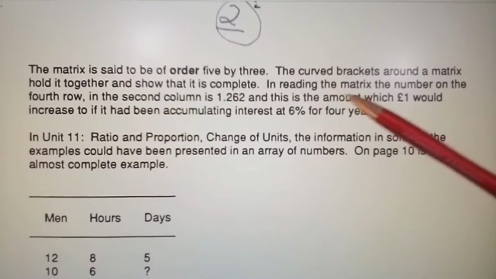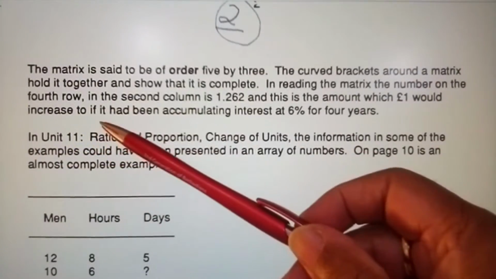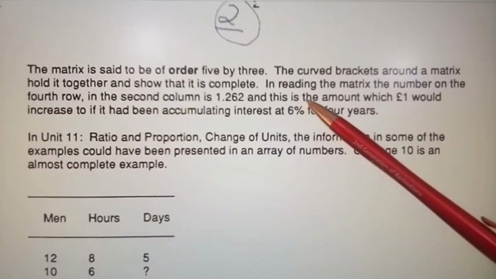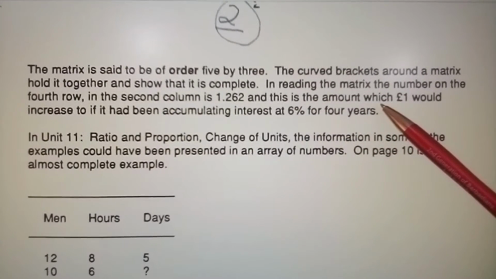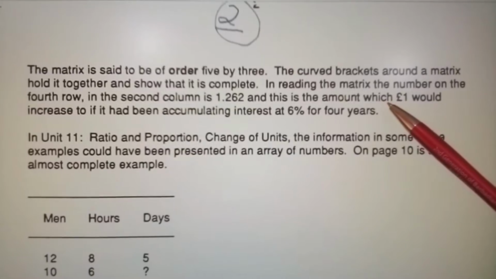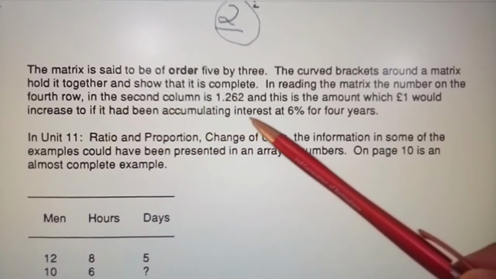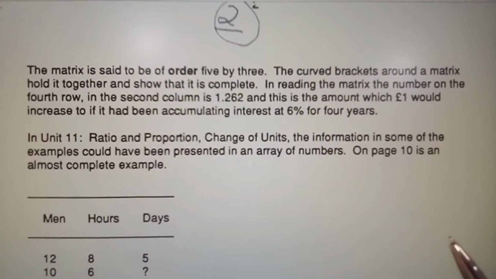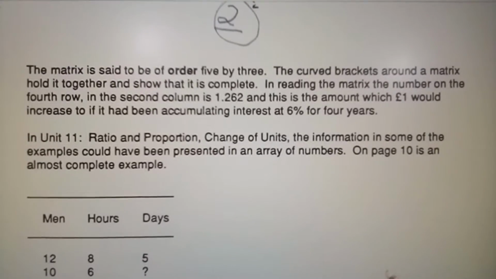In reading the matrix, the number on the 4th row in the second column is 1.262, and this is the amount which £1 would increase to if it had been accumulating interest at 6% for 4 years. I know it's not a lot of interest on a pound, but what can you expect?